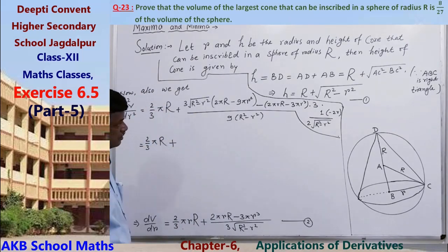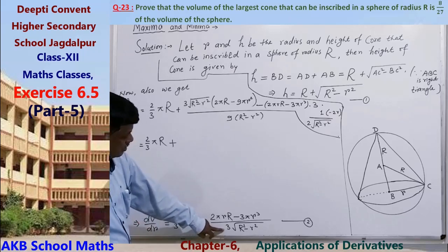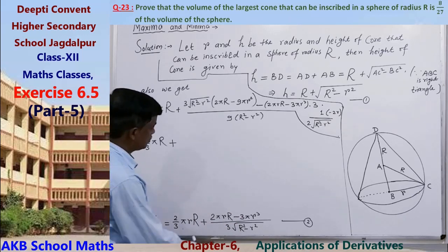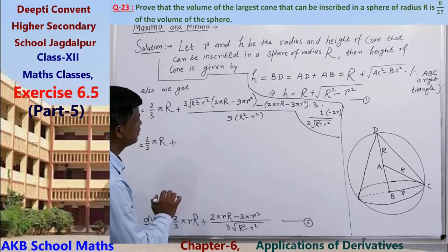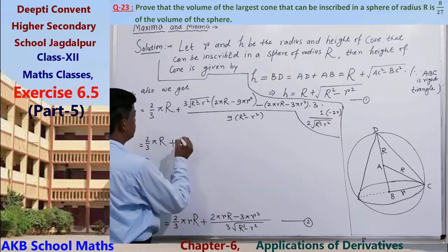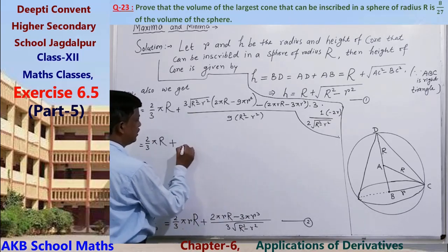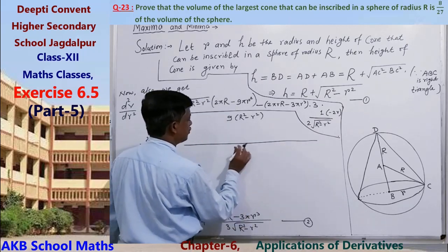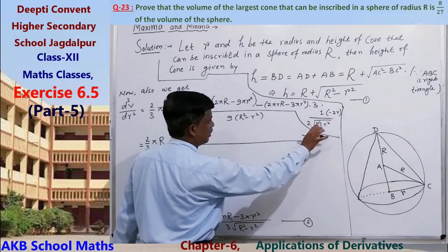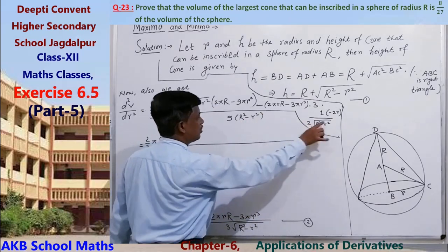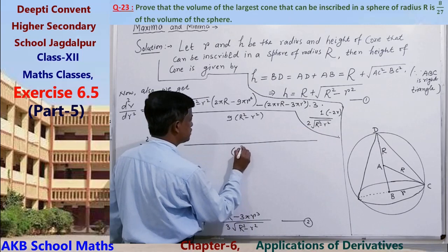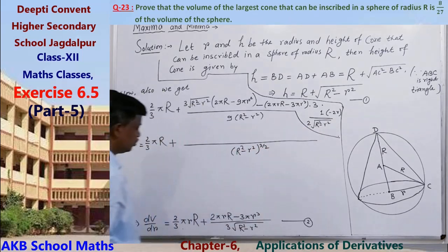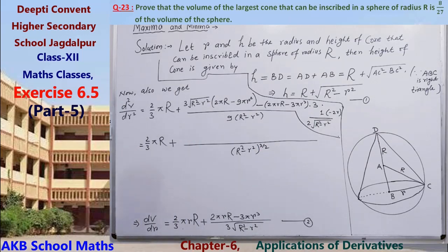So here 3 root of R square minus r square. The derivative of this is 1 upon this. So taking LCM, root of R square minus r square means power 1 by 2, so R square minus r square power 3 by 2.